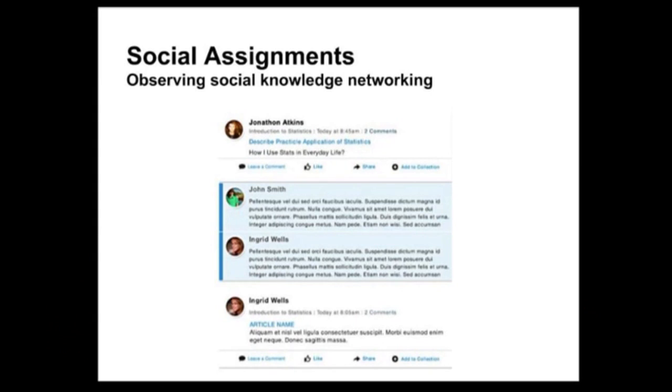But when we look at discussions that take place in online platforms, they look like this, more or less. There's an image, there's an avatar, somebody says something, somebody comments, and faculty members, if they design forums into their course, read screens and screens and screens, like these scrolls of text that students produce.